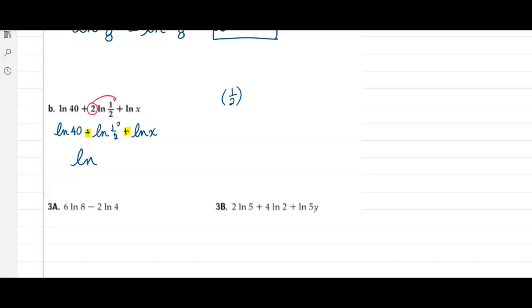Remember, 1/2 squared is just 1/4. So if I do 40 times 1/4, I'm going to get 10. So these two multiplied gives me 10, and then I multiply it by the x as well, and that's my answer.